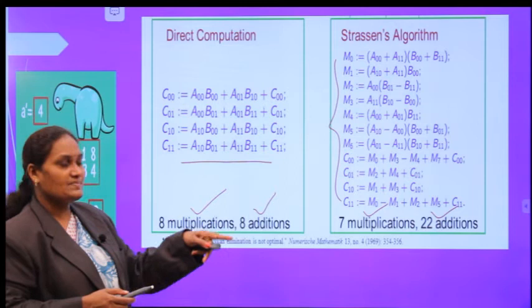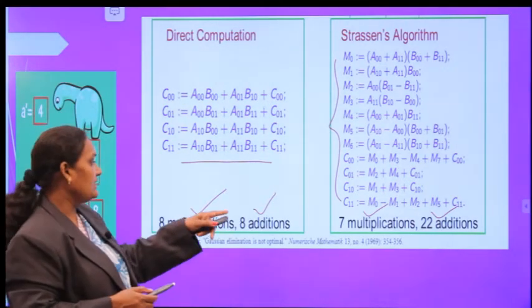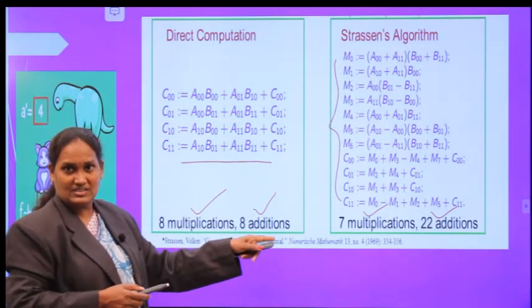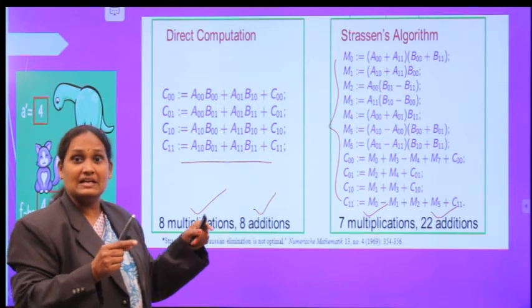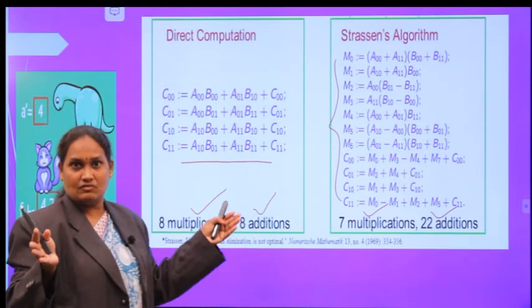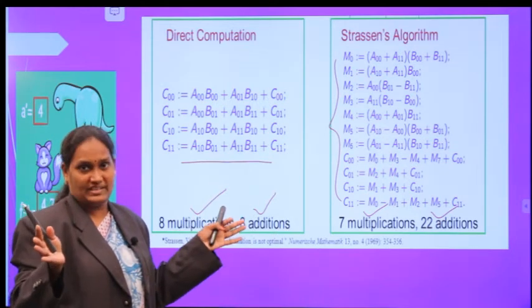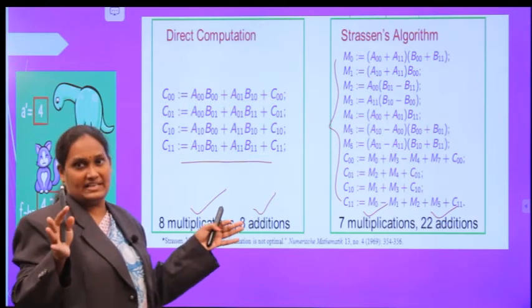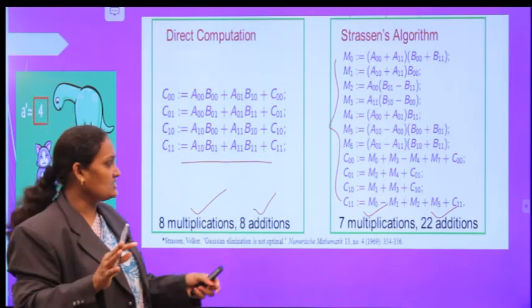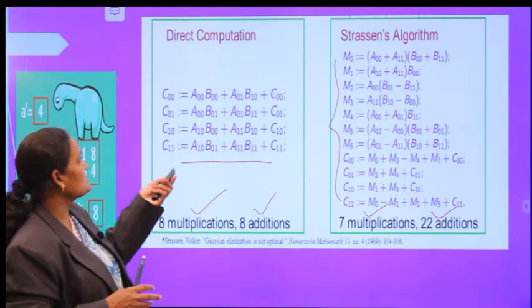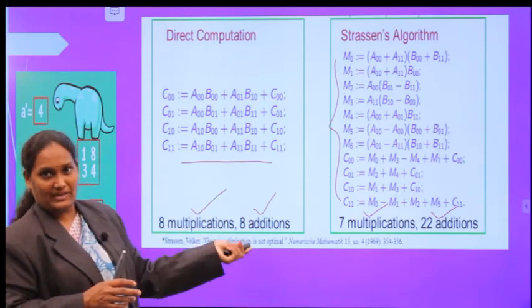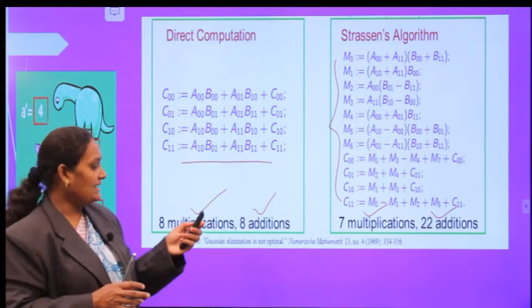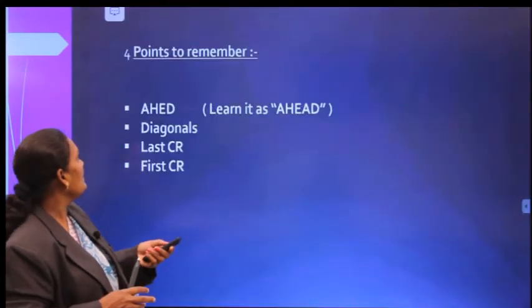Even though the additions may be increased, here we reduced 1 multiplication. 1 multiplication means a lot of additions. I reduced all those additions by reducing that 1 multiplication. So it reduces the time complexity when compared to that of the general matrix multiplication.